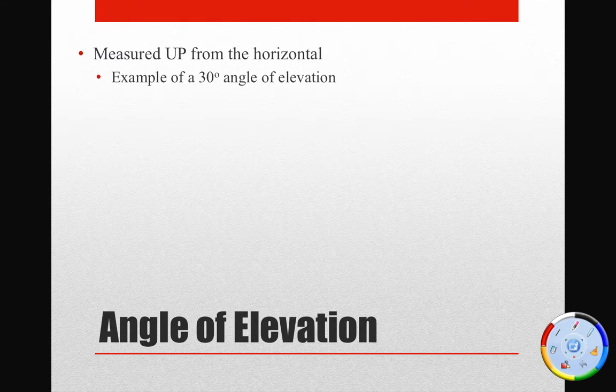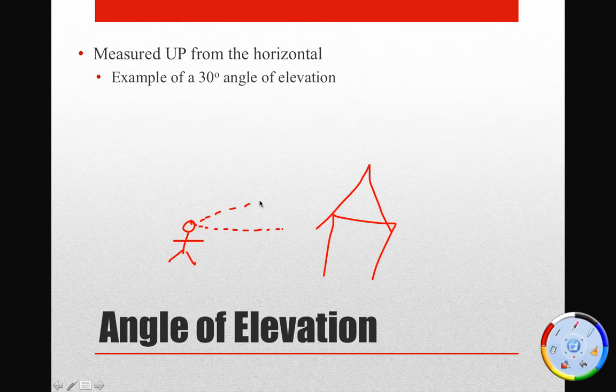So if you're standing down on the ground looking straight ahead, and here's the building you're looking up at, and you look up, you've created this angle right there. From the horizontal upwards, this would be a 30-degree angle of elevation.